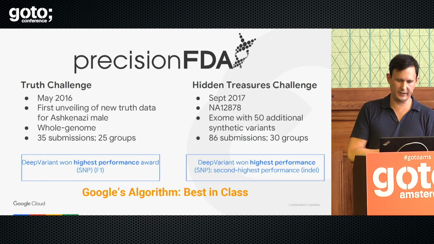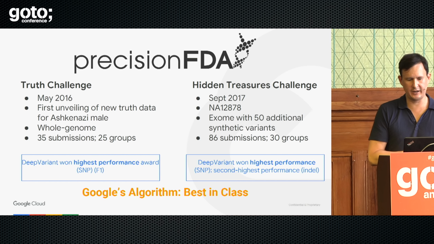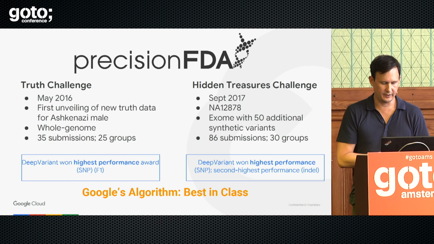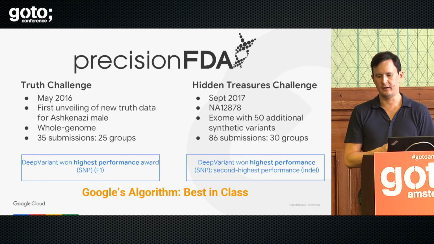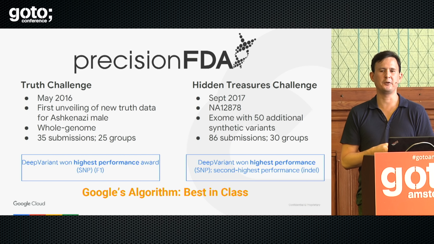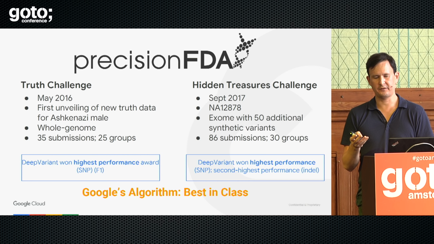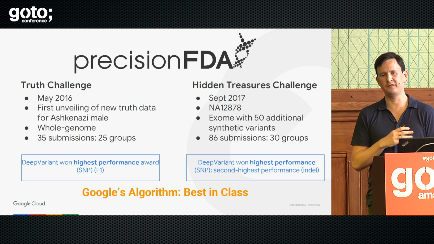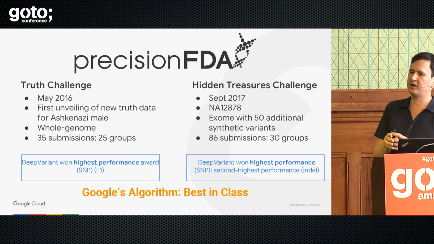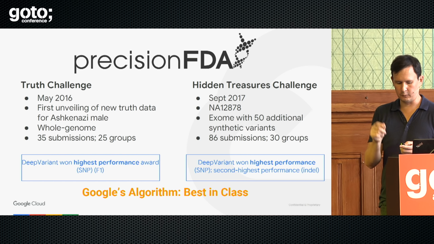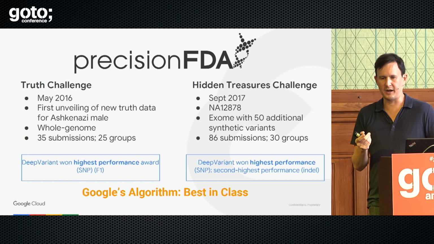Okay, and it's pretty awesome. The FDA had a blind experiment that had to be run where there was a training set that had to be used for calibrating a model, and then some held out data that nobody had ever seen. The FDA sequenced using the low throughput, very expensive method I was talking about before. So we know, with a very high degree of confidence, whether there's a variant present in the sample or not.